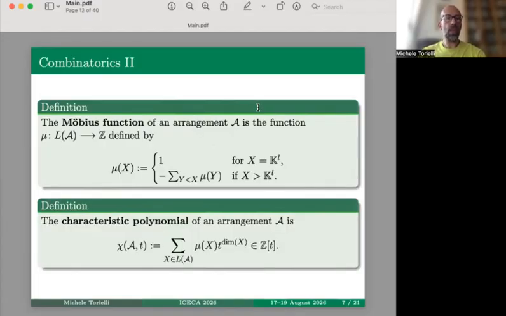With this Möbius function, we can define the characteristic polynomial of an arrangement A. That is nothing else than a sum over all the elements in the poset, where we multiply the Möbius function of x by t to the dimension of x, where t is an indeterminate. In this way, we get a polynomial in Z[t], and it's actually a polynomial of degree n.